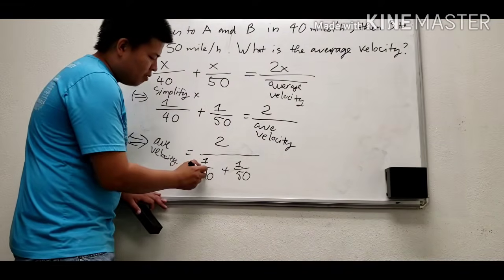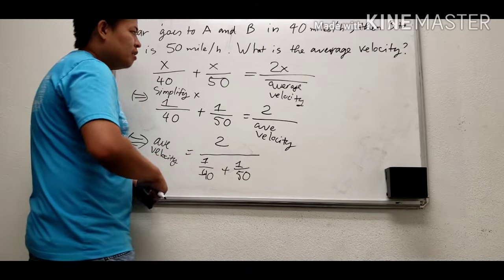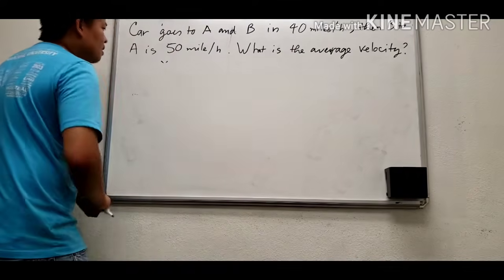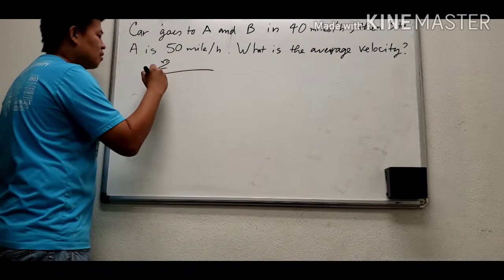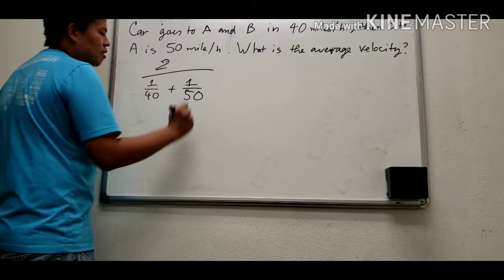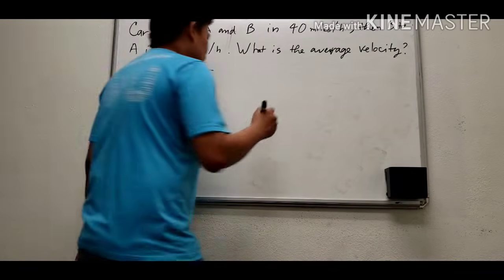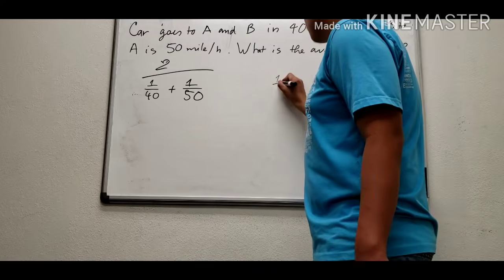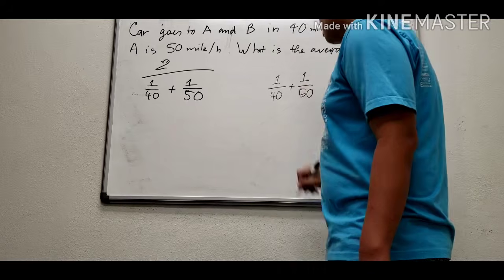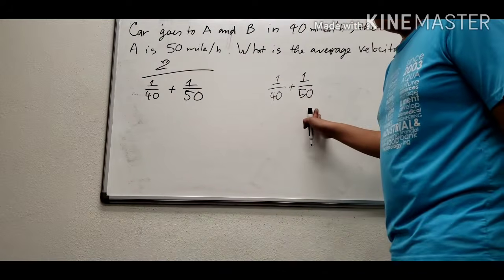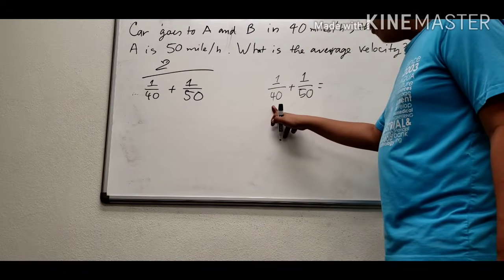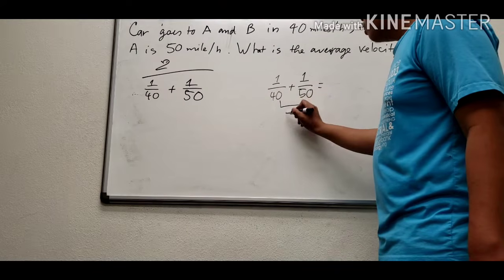Here we will calculate 1 over 40 plus 1 over 50. I will show you. That's the sum of fractions. We see that the common denominator is 200.